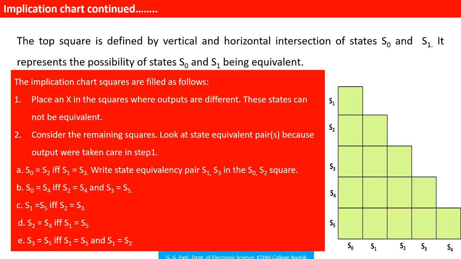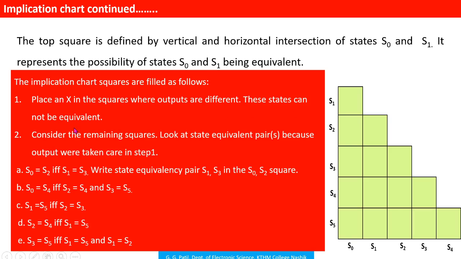So, what we have to do? We have to first fill the implication chart. So, how is the implication chart to be filled? Those steps are given here. First of all, we have to look at the output of the states. So the first step is to place an X, that is a cross, in the squares where the outputs are different.